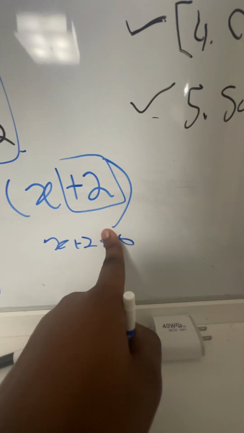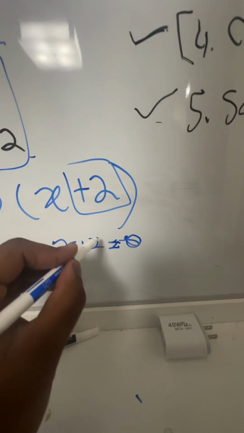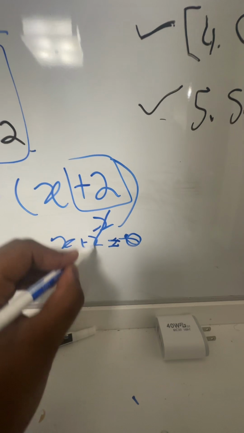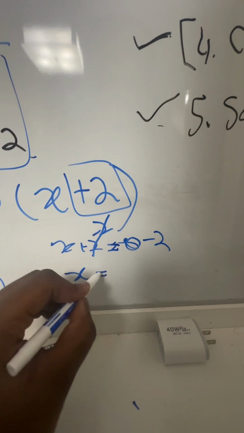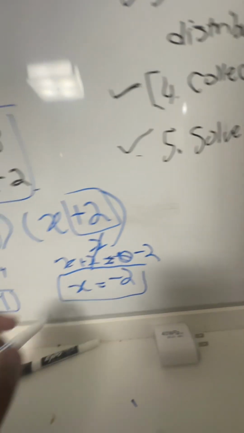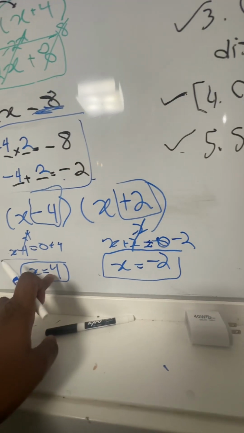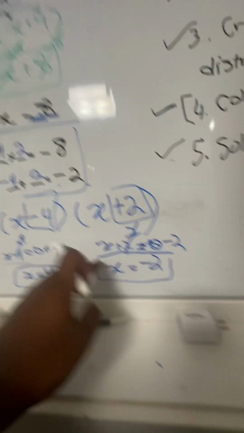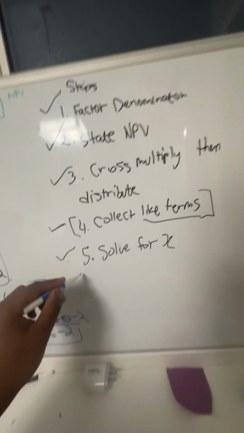I'm writing so bad, sorry. X plus 2 equals 0. Get rid of the 2. X equals -2. So before you box your answers, I already boxed it, it's just a habit. You have to make sure that none of these two match the non-permissible value. So this is basically essentially solving for the x.